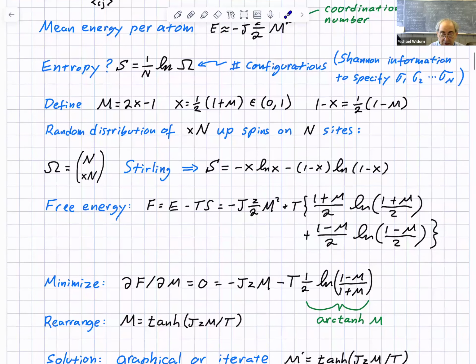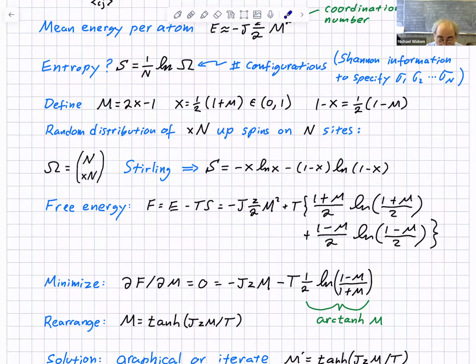And so substituting that inverse hyperbolic tangent, we get this familiar looking expression, which is the conventional way of representing the mean field theory self-consistent condition, at least in my undergraduate stat mech course.